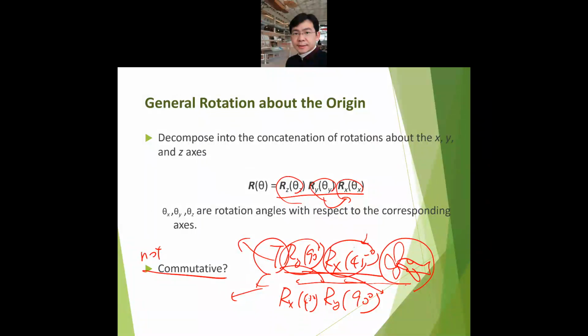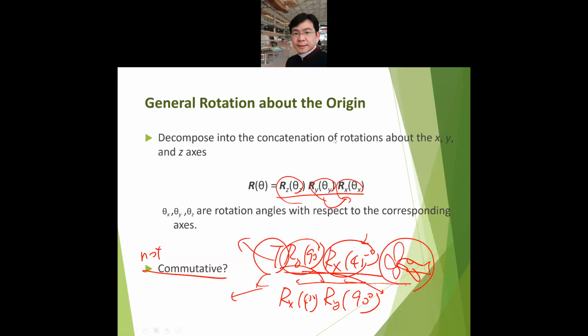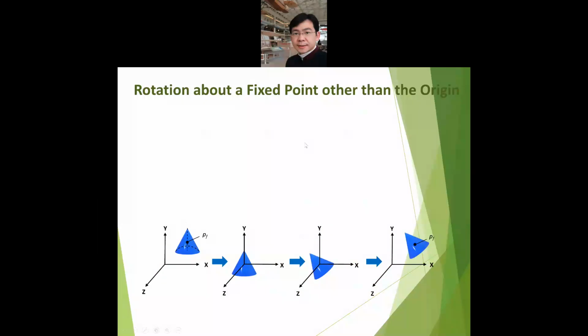In your homework number 1, you have to carefully design your transformation order. Otherwise your plane or your helicopter will end up somewhere else and not meet your expectation. So that is one issue we talked about in the last lecture.